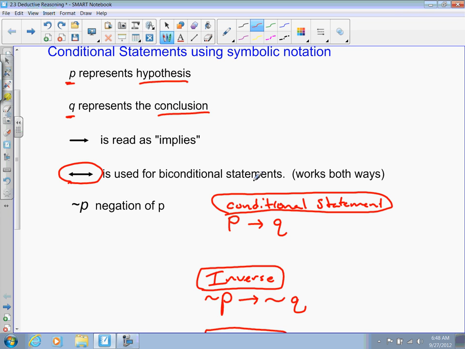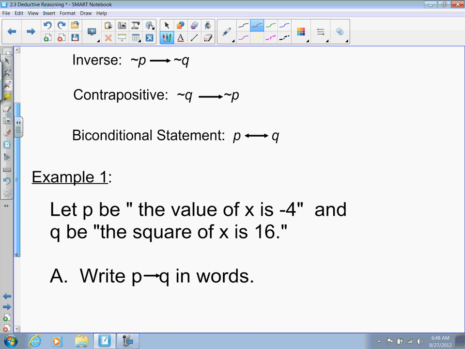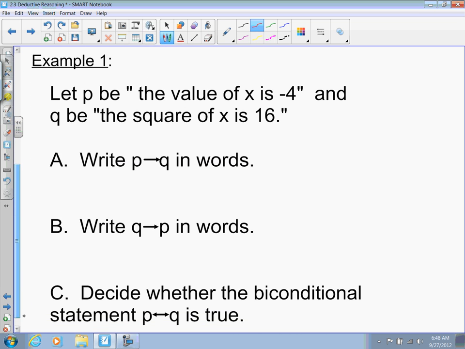So if you wanted to use an if and only if statement, biconditional means it works both ways. If and only if, you use the double arrow, meaning it works both ways. So I got that stuff written again here, written out nice, and we can go on to example 1.